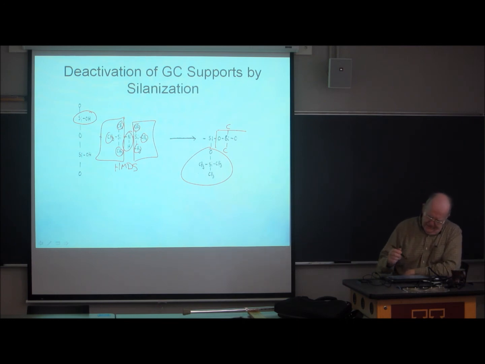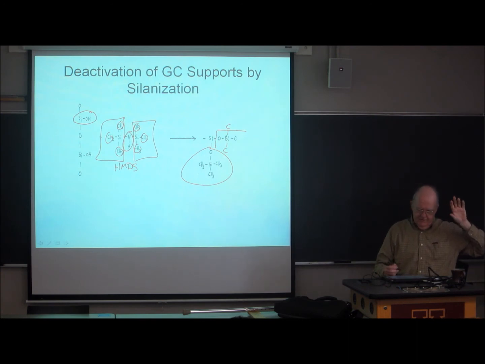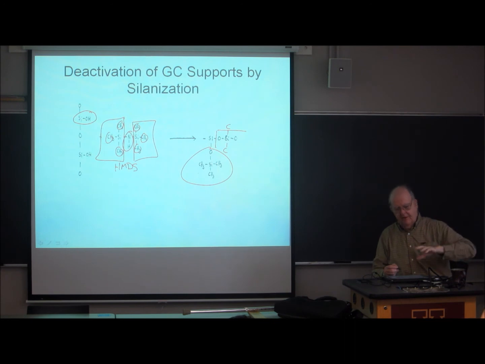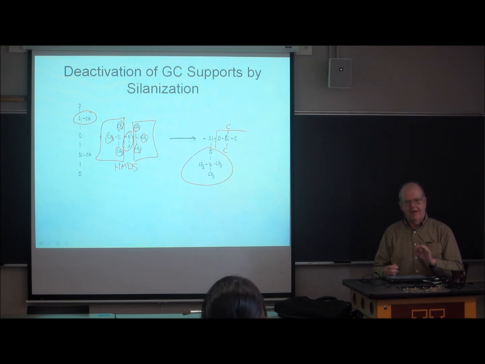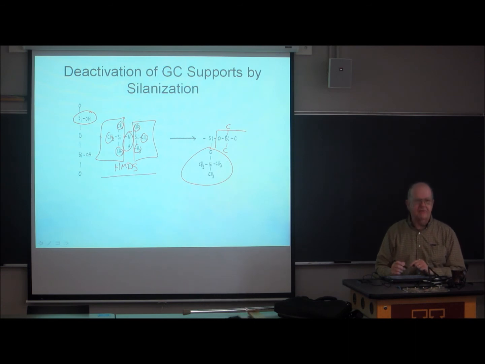So the stationary phases, be they for packed beds or for capillaries, the support is invariably pre-silanized. And I'm only offering you this as an example of how it might be done. The companies will not tell you how they do it. That is like one of the trade secrets. They don't patent it. They just don't disclose it.